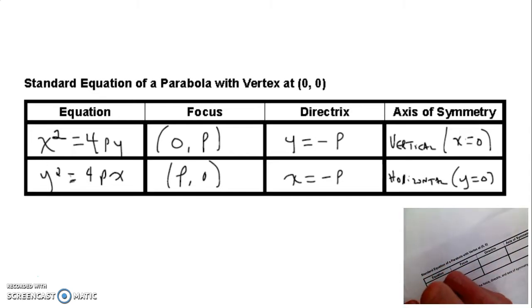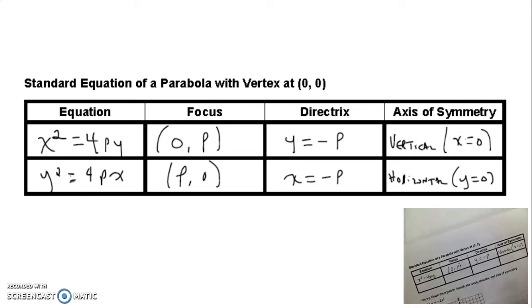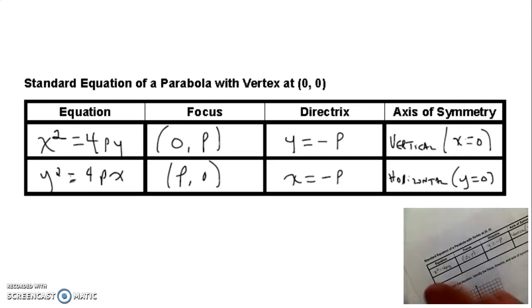If the equation is x squared equals 4py, the focus is located at the point (0, p). The directrix is going to be the line y equals the opposite of p. The axis of symmetry is vertical, and in this case, because the vertex is the origin, it's going to be the line x equals 0.